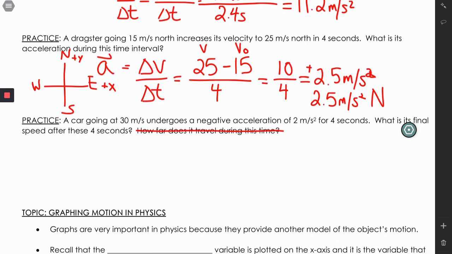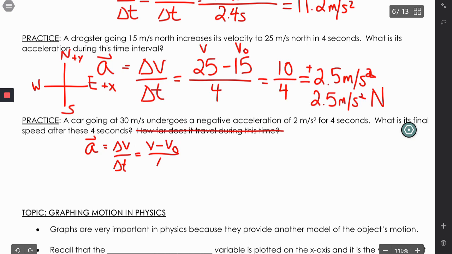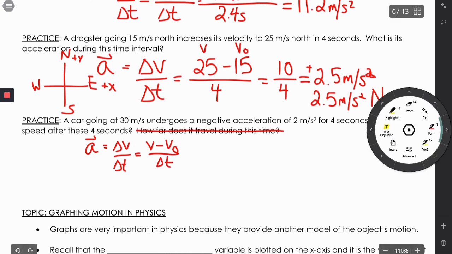So if we use our equation, delta V over delta T, and we expand out our delta V, we have to do a little bit of algebra to get V by itself.